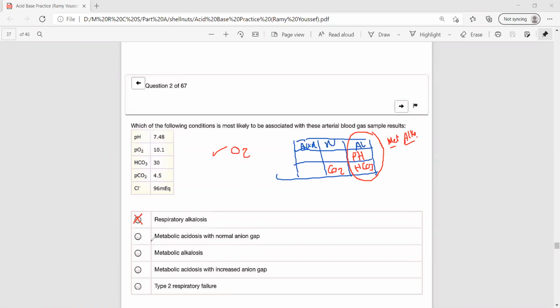No. Metabolic acidosis? No. Metabolic alkalosis? Yes. Metabolic acidosis again? No. Type 2 respiratory? No. So my answer is metabolic alkalosis. Clear? Yes.